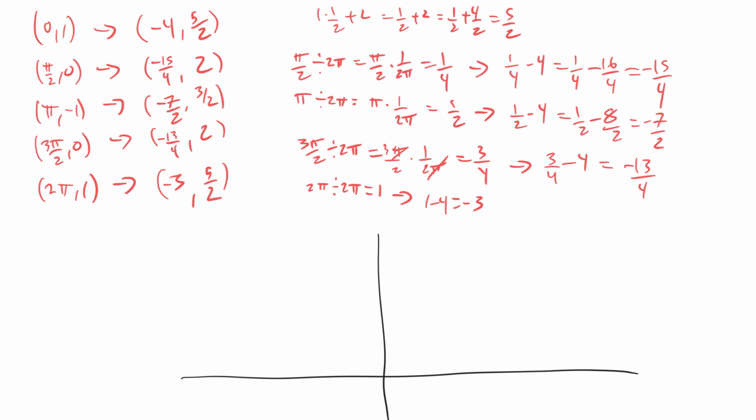So the y values are between 3/2 and 5/2. And the x values start off at -4, then -15 over 4, -14 over 4, -13 over 4, and -3.